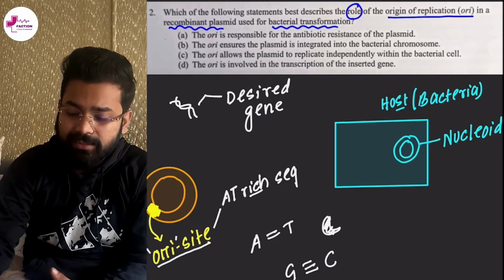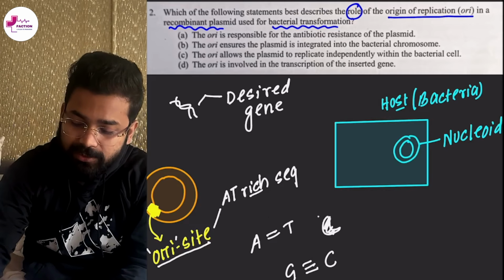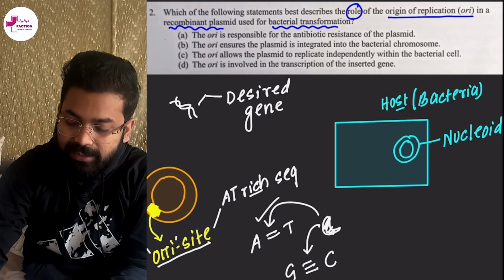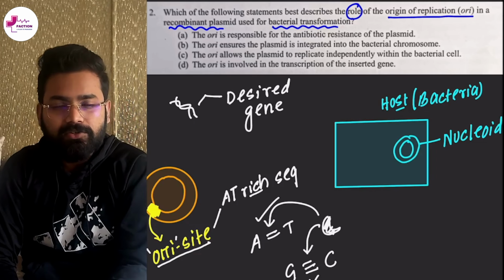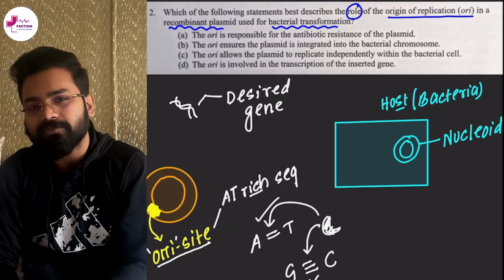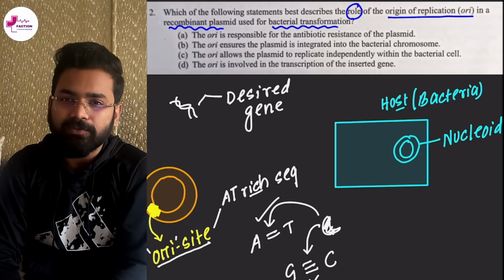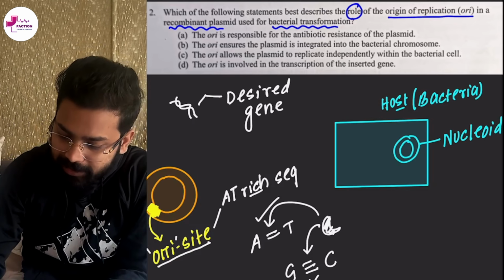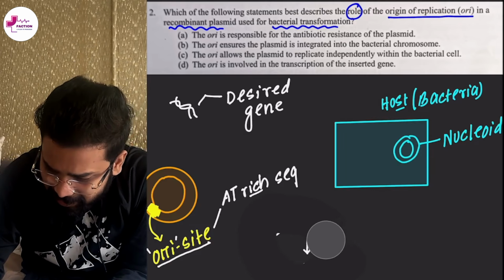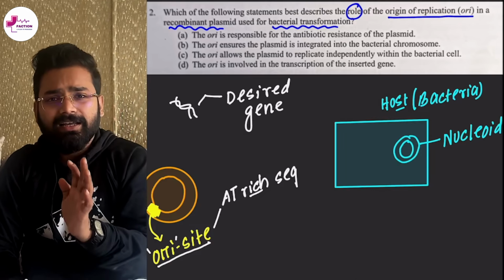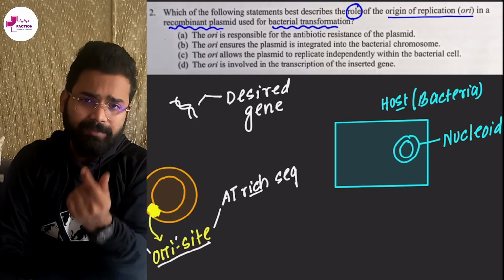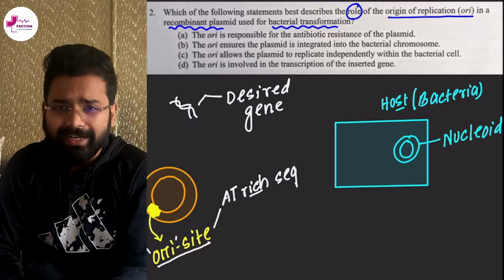For the helicase, it is easier to break the double bonds, and it is tougher to break these GC bonds. So from the helicase point of view, it is easier to break the AT bonds. So the AT rich sequence is widely regarded as the ORI site. The requirement for the origin of replication is that there are more AT pairs.